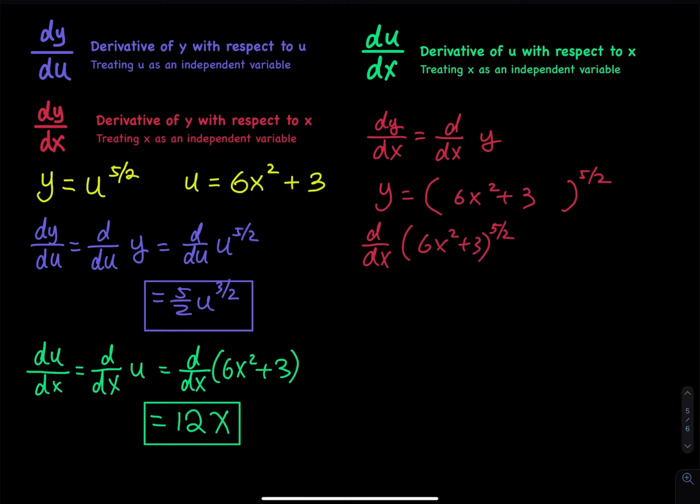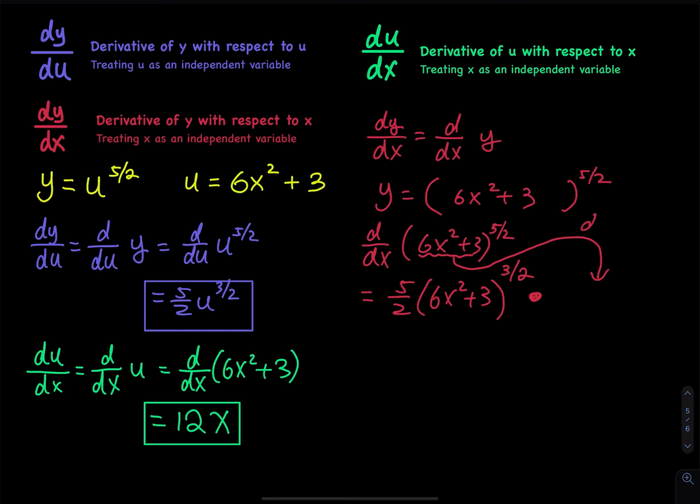So d/dx of 6x squared plus 3 raised to 5/2. This is clearly a chain rule. So you bring the 5/2 down, and then 6x squared plus 3 raised to 5/2 minus 1, which is 3/2. And then what is the next step? The next step is you are taking the derivative of the inside. So the derivative of 6x squared is 12x, the derivative of 3 is equal to 0.